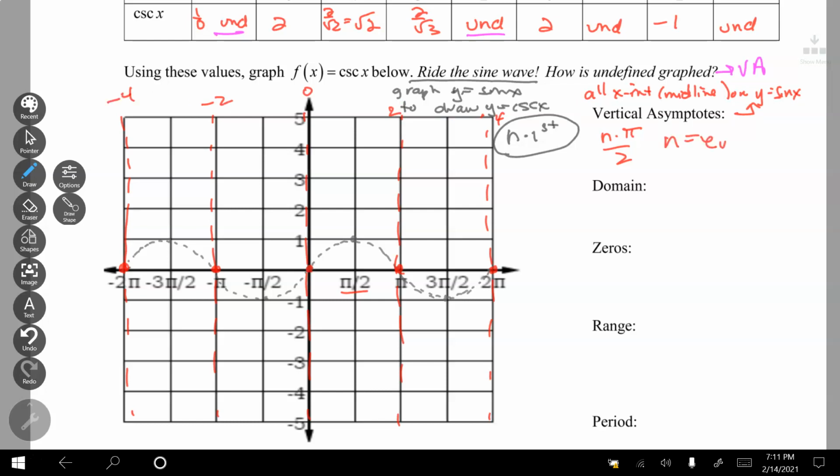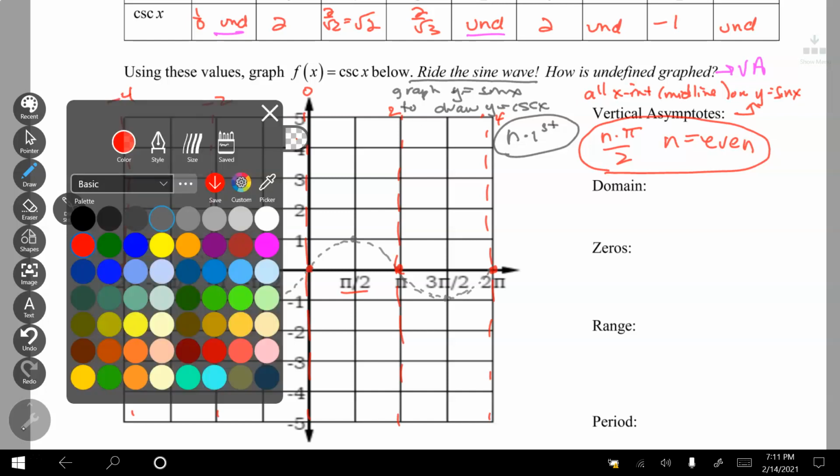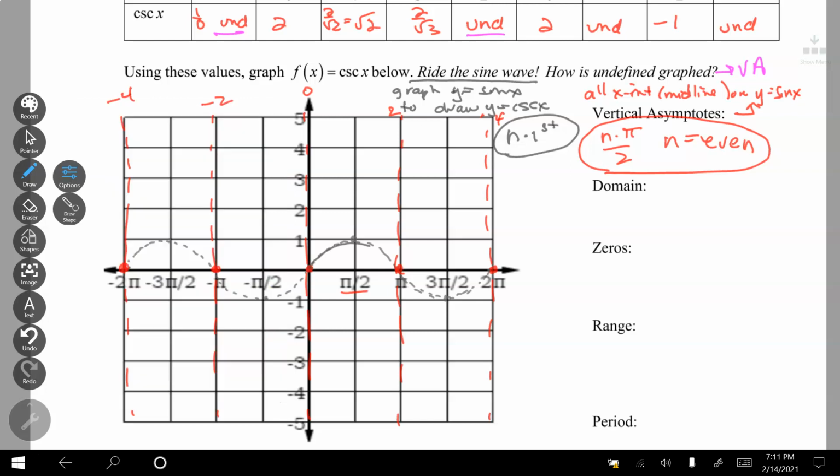So that means I have an even pattern of vertical asymptotes. But what I need to do is take this gray bump that's all above the x-axis, all positive numbers, and flip it the other way around.